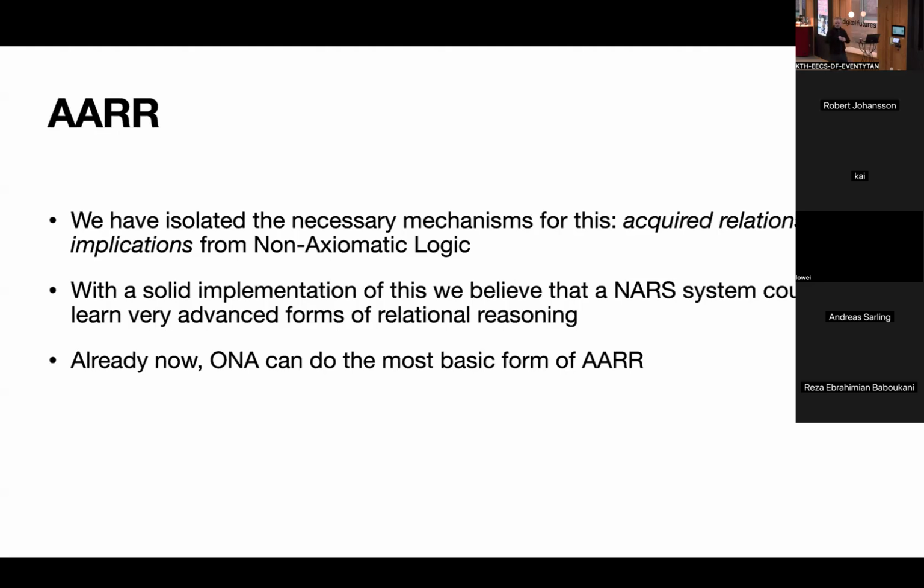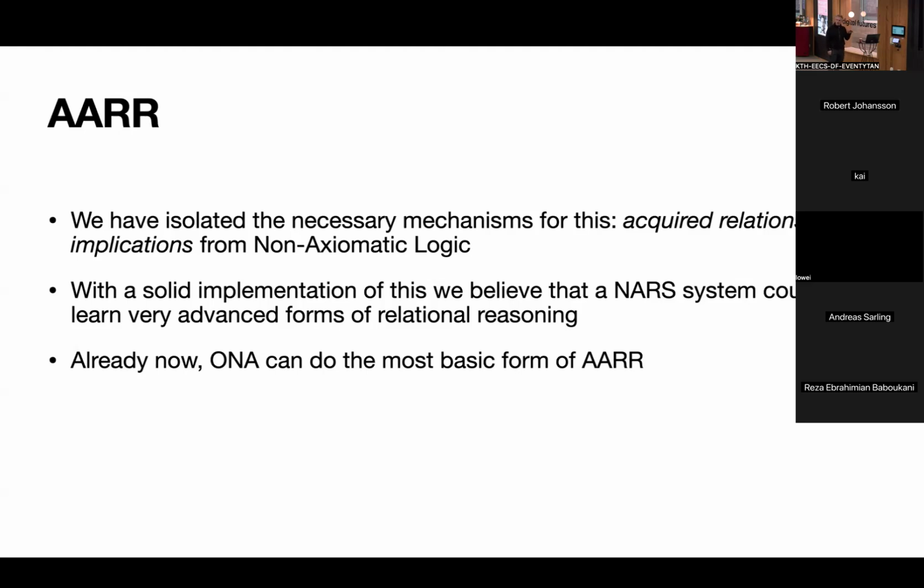And these two together are what we believe can be used to, from experience, learn to relate arbitrarily. And we think that this can lead to a very advanced form of relational reasoning that I would argue is on adult human level AGI. Only by these two extra mechanisms.